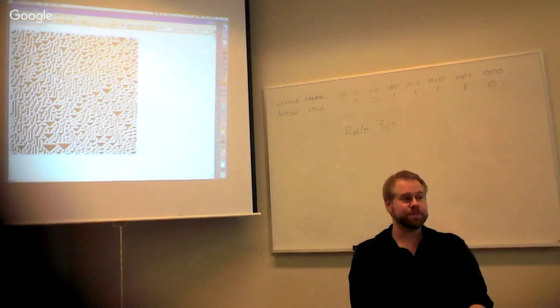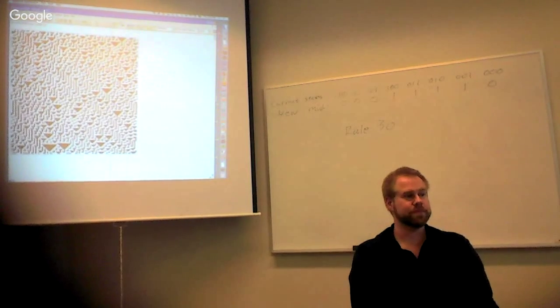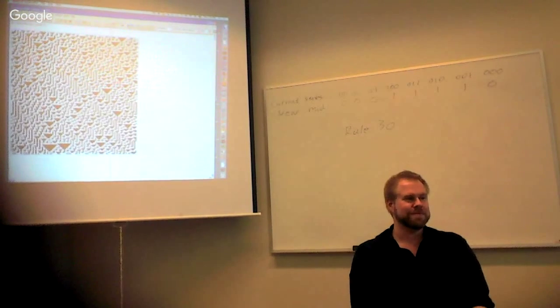Is the right way to say it, pick a cellular automata or a cellular automaton? I mean, semantically, is each cell really an automaton or is the whole system an automaton? It's one system, it's an automaton.